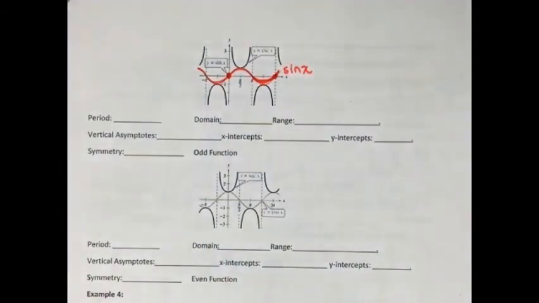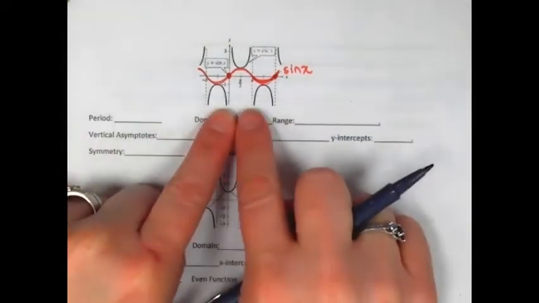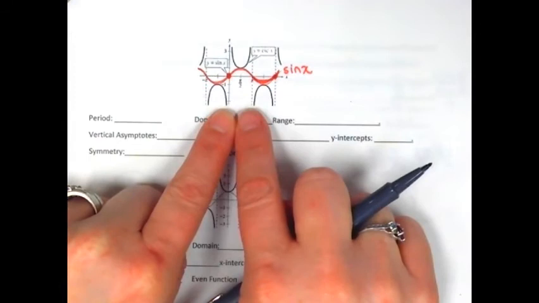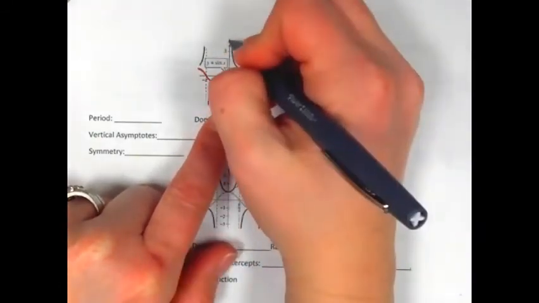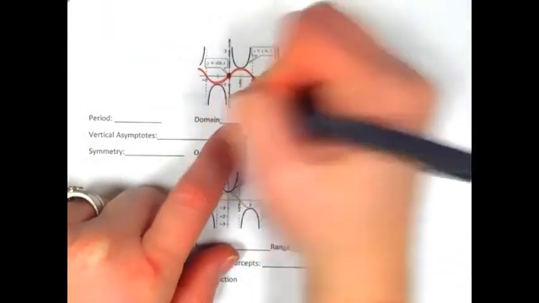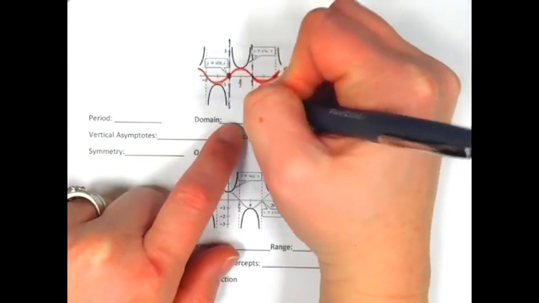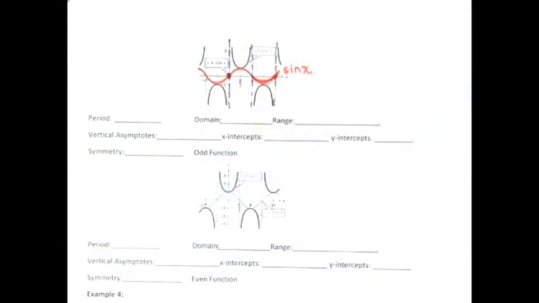Now, our cosecant is in between our vertical asymptotes, which is where our sine is equal to 0. So we have a vertical asymptote at the y-axis, at pi, and at 2 pi.